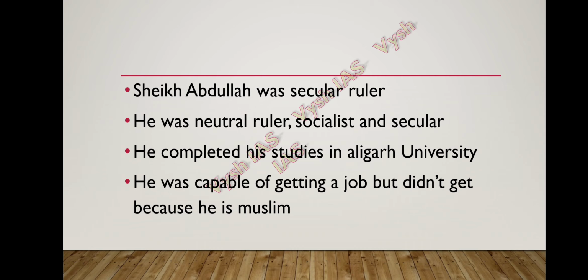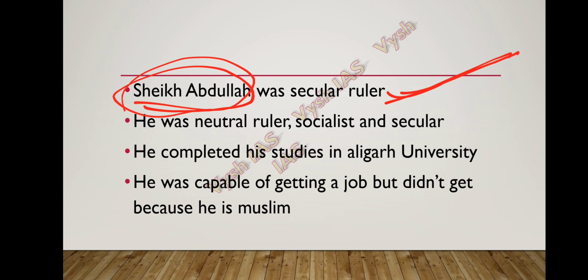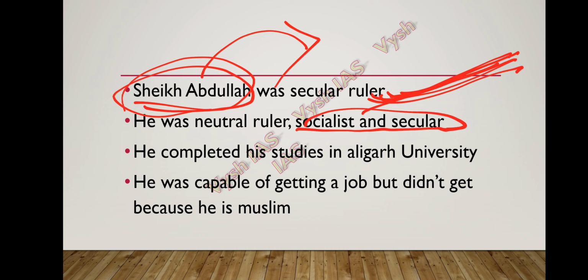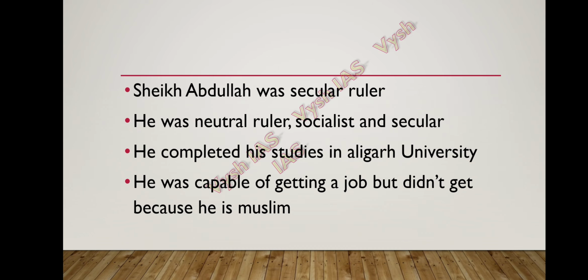Parallelly, there was another leader in this area, known as Sheikh Abdullah. He was a very secular leader. He was a Muslim, but he supported both Muslims and Hindus, because he was a socialist and secular leader, very neutral towards everyone. He completed his education at Aligarh University.